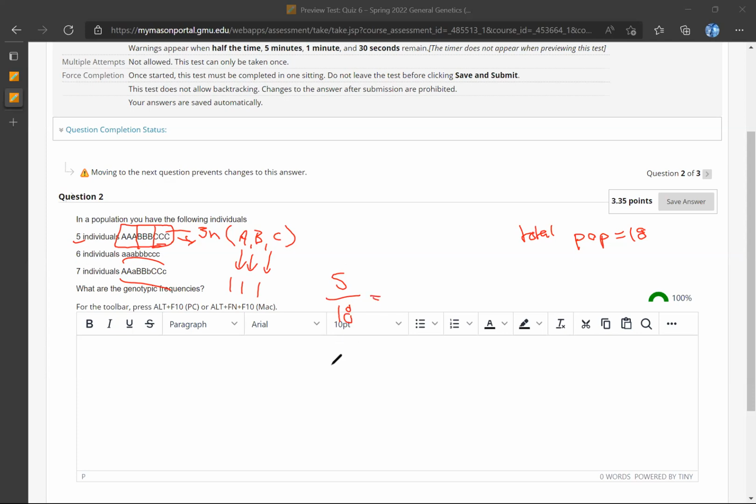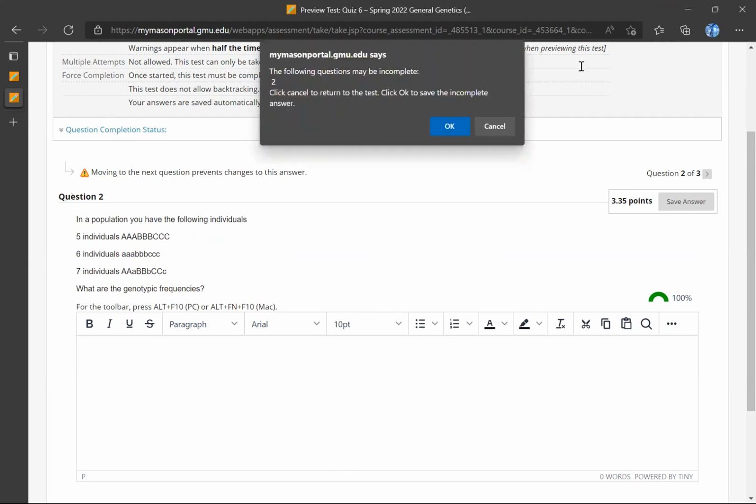So 5 divided by 18 for the first genotype, 6 divided by 18 for the second, and 7 divided by 18 for the third. And that is the very simple answer to this question.